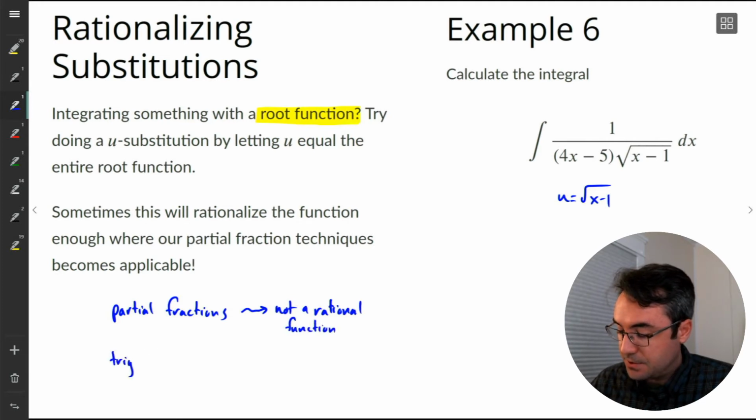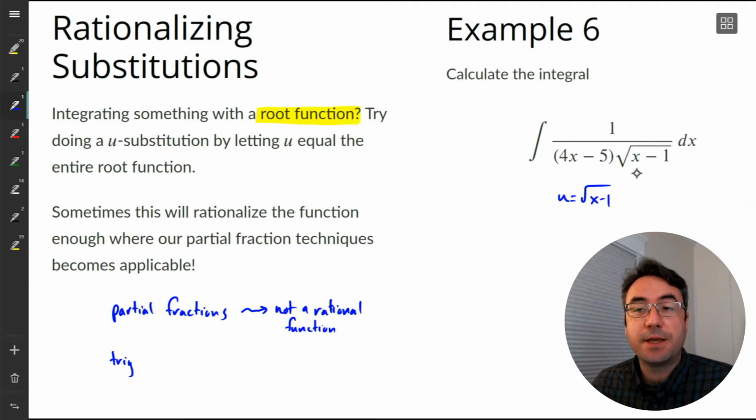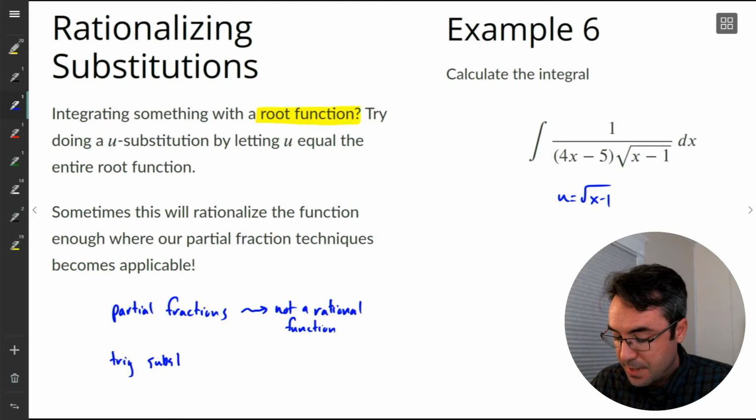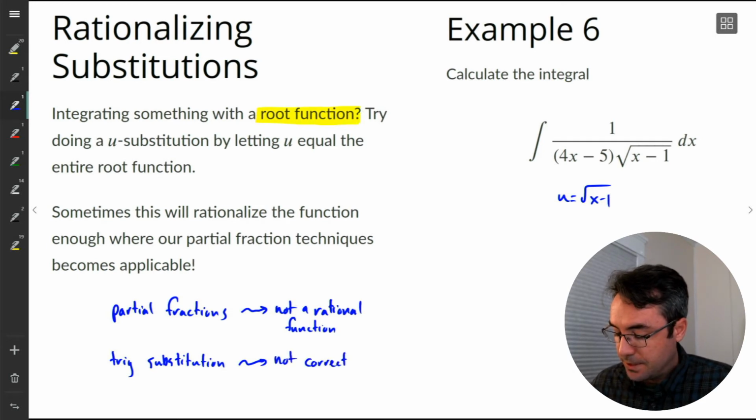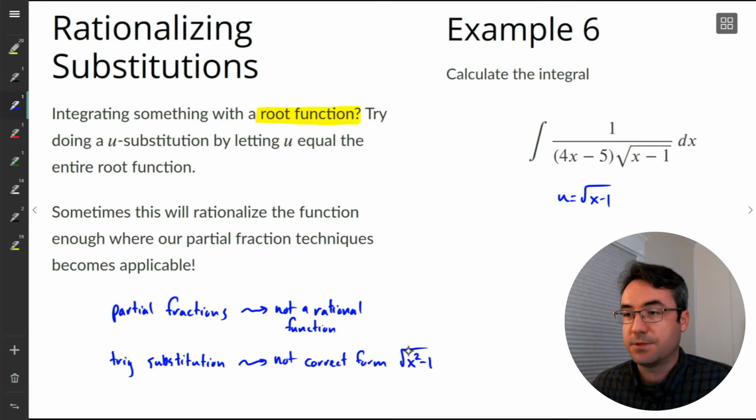Now you see that square root term. You might also be thinking a trig substitution. But that's not going to work either because it's not of the correct form. Trig substitutions really only worked if we had things like the square root of x squared minus 1.